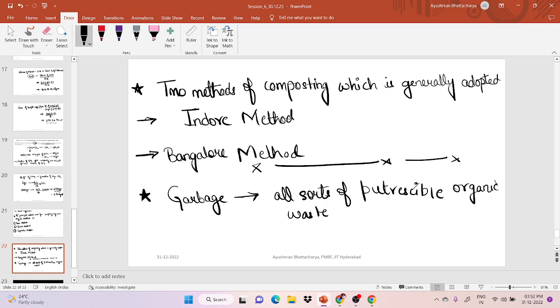Examples are vegetable peelings, food waste, fruit peelings. That we call garbage.